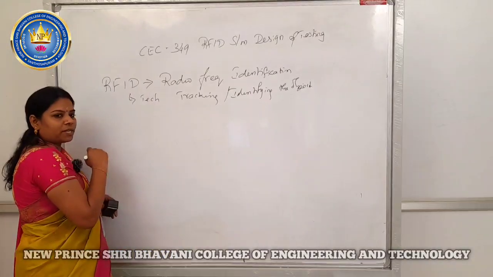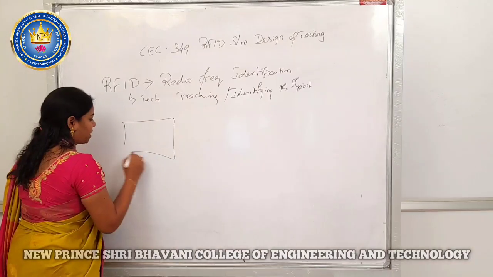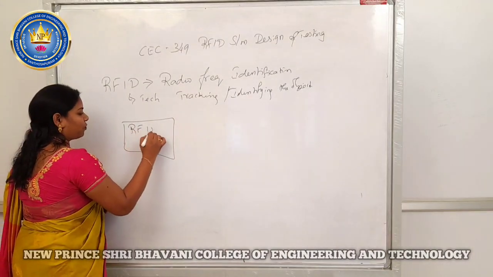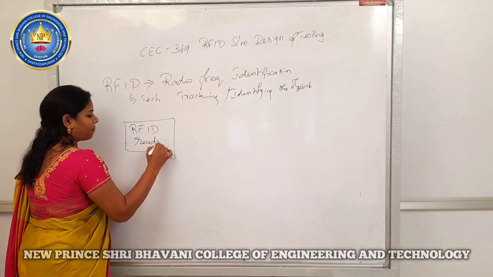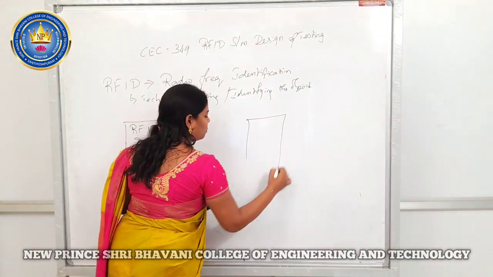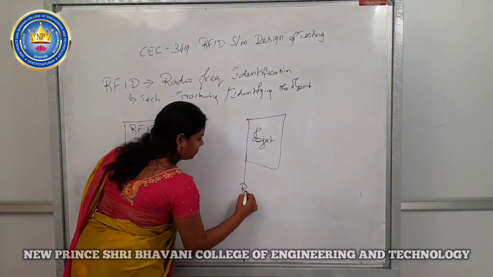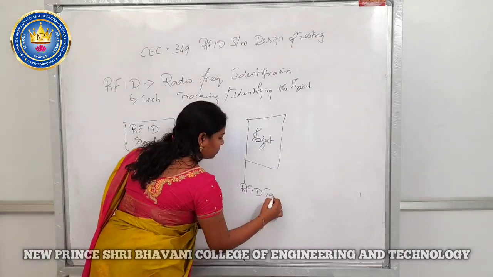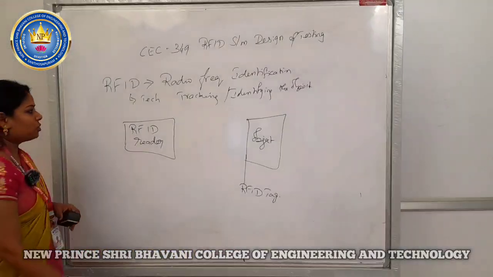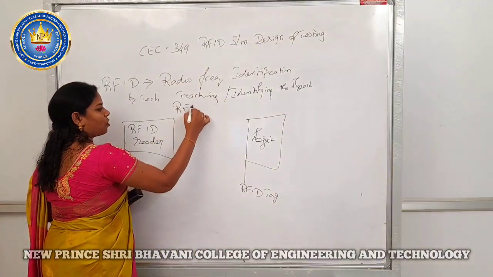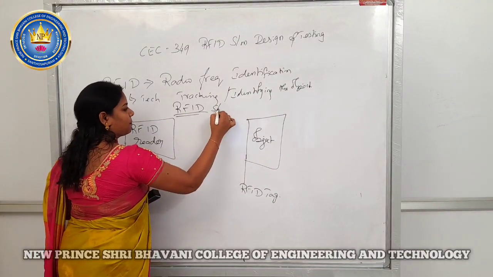The major components of RFID are one RFID reader and an object to which the RFID tag will be attached. So this is the structure of the RFID system.